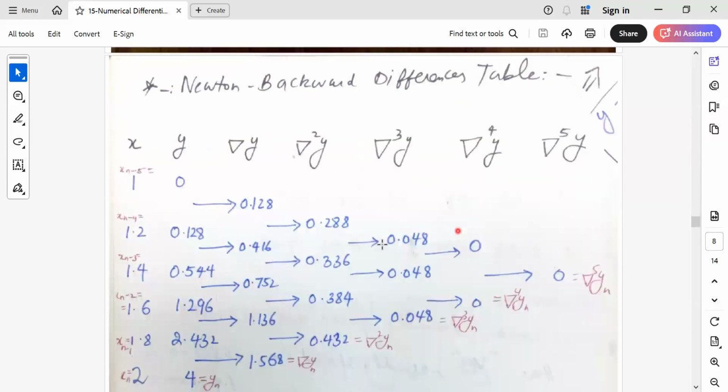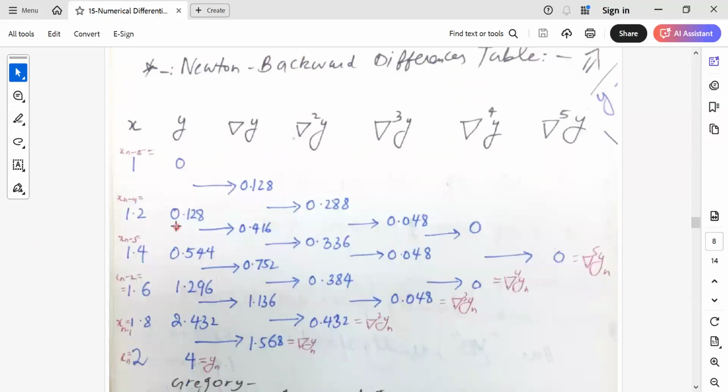Again, in the same way, you will be subtracting 0 from 0.12. So from bottom to top, 0.12 minus 0 will give you 0.128. Again, from bottom to top, 0.544 minus 0.128 will give you 0.416.